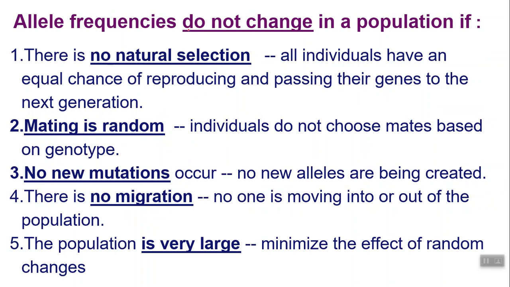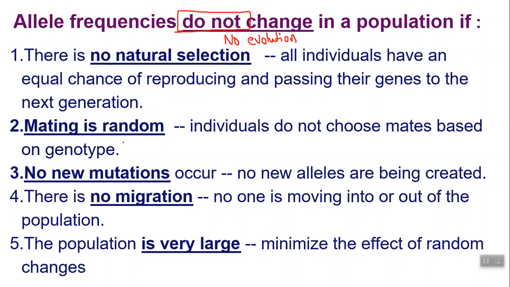And here's where we get into it. Allele frequencies in populations do not change, which is to say there is no evolution, if, and all of these criteria must be met. There must be no natural selection, so all individuals have an equal chance of reproducing and passing their genes on to the next generation.